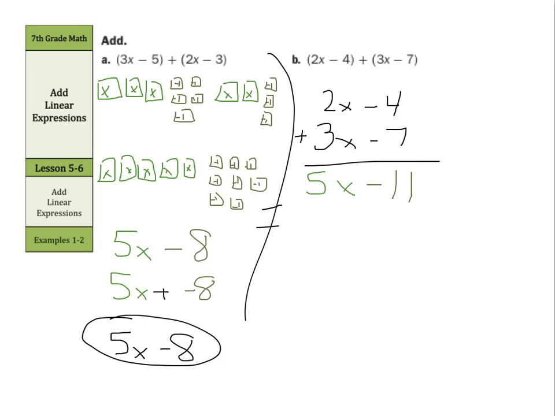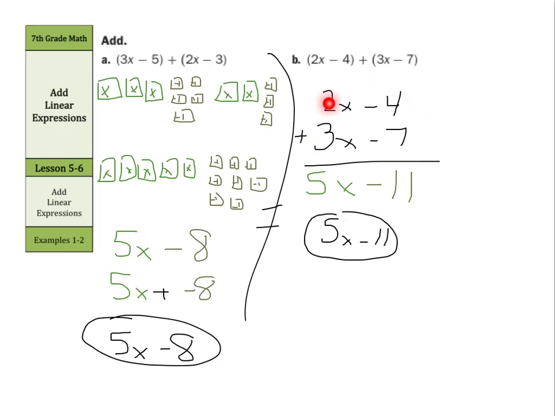That is simply 5x minus 11. Some of us may need the tiles to visualize what's going on, but ultimately I'm hoping all of us can get to this point where we can add and eventually subtract without the tiles. But it's going to depend on how comfortable you are with these as we continue on.